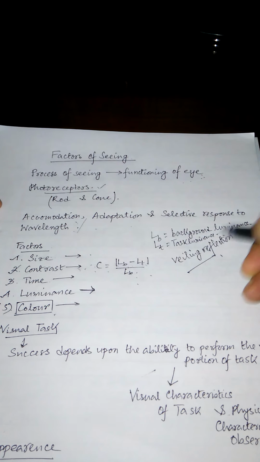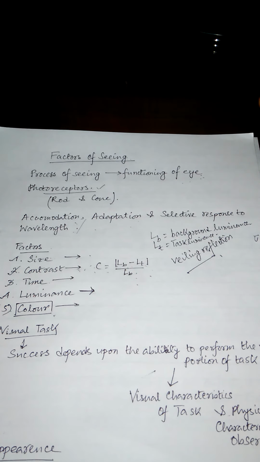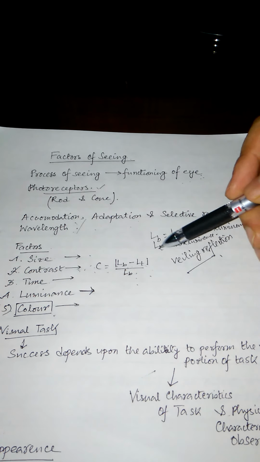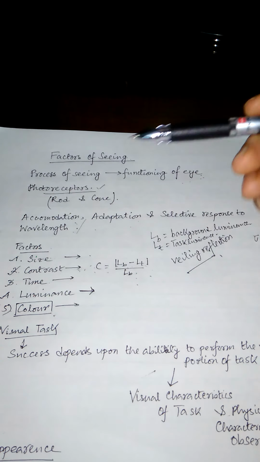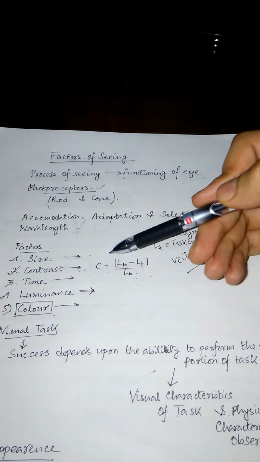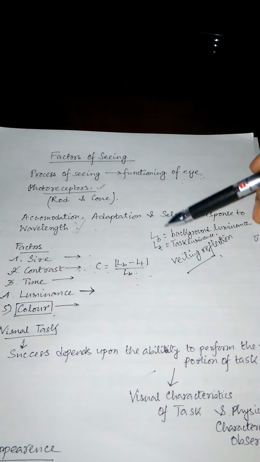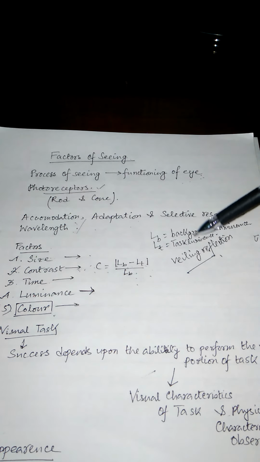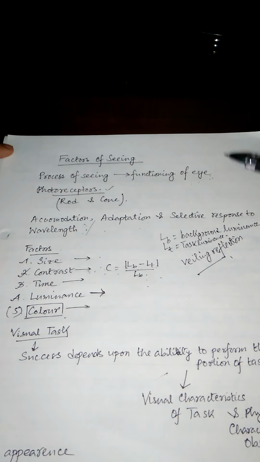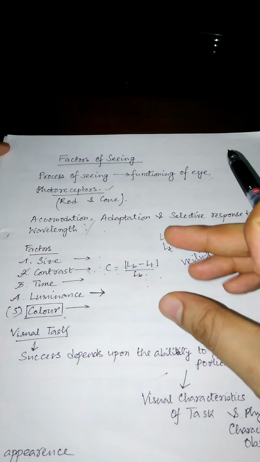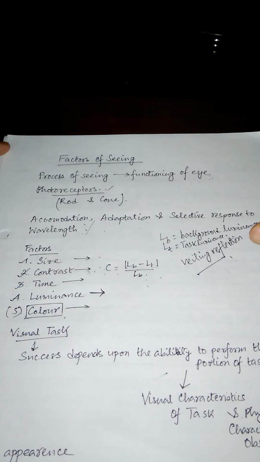So if the contrast is good, that means the background luminance is more than the task luminance or vice versa. If that happens, then we see that contrast is good and it is much easier for us to locate and see the object properly when the contrast is proper.